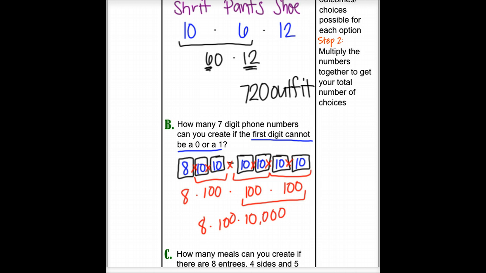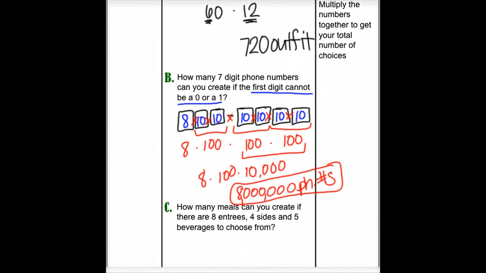So then 10,000 times 100 is a 1 with 6 zeros, and then we have an 8 in the front. So 6 zeros, 2, 3, 4, 5, 6. Put in my commas. I have 8 million different phone numbers that I can get with these restrictions. And you can only imagine if we add in the area code, how that would change.